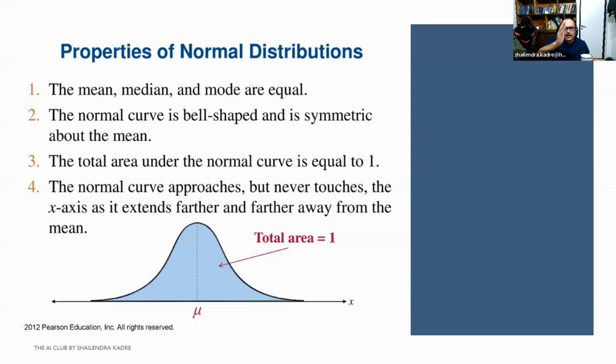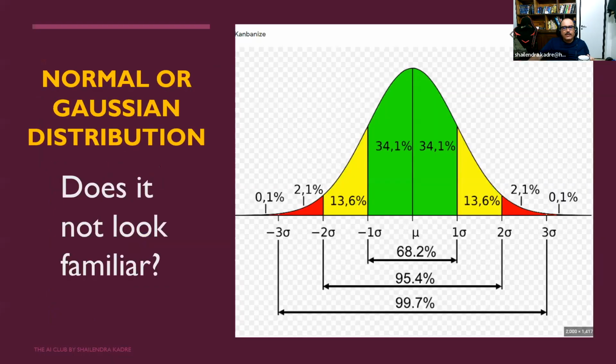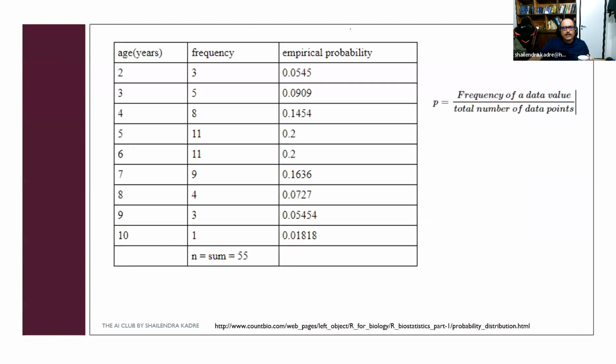With this normal curve we can find the probability. How can we find it? If I ask you what is the probability of getting a student between the ages of 4 and 8, you can compute this with the help of the normal distribution.